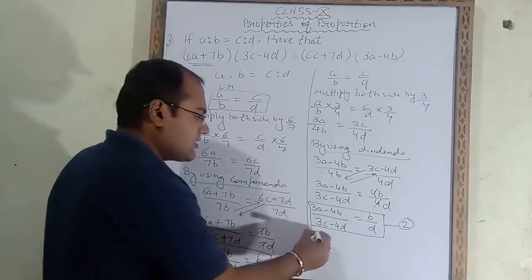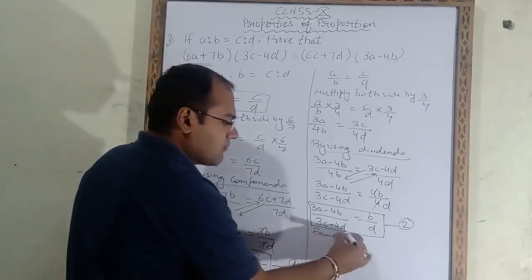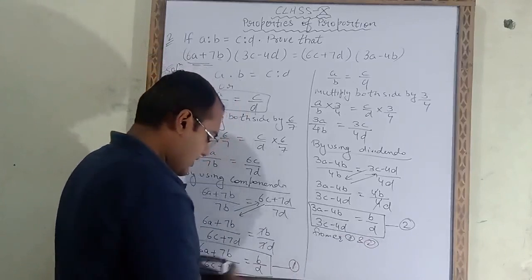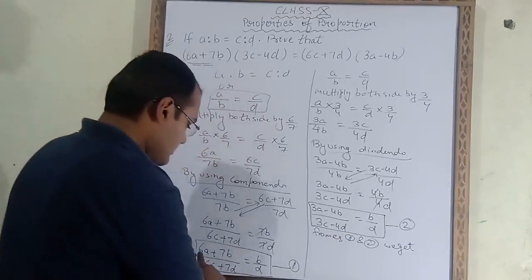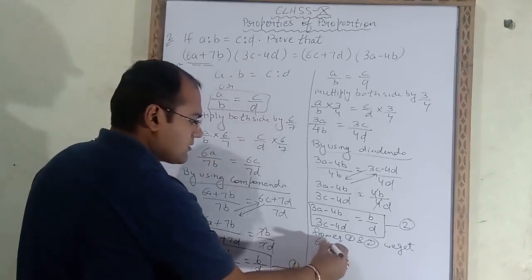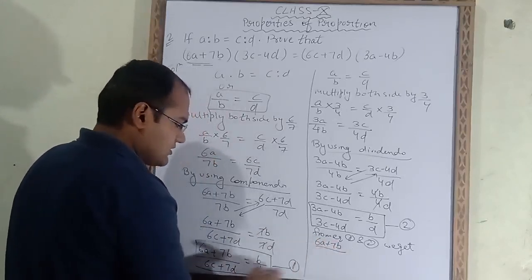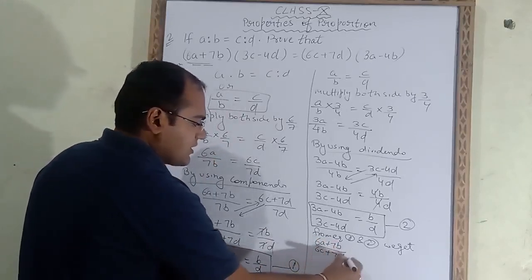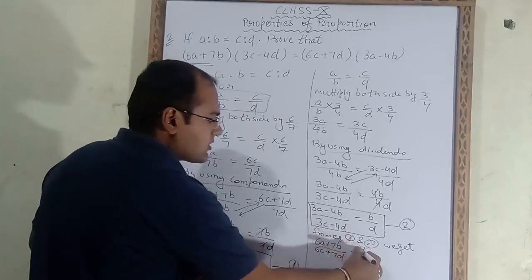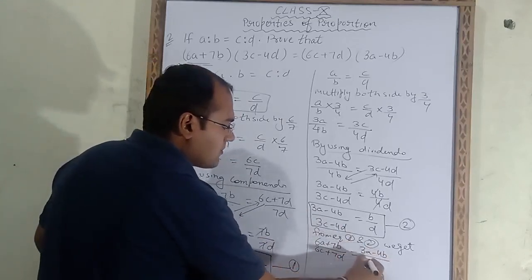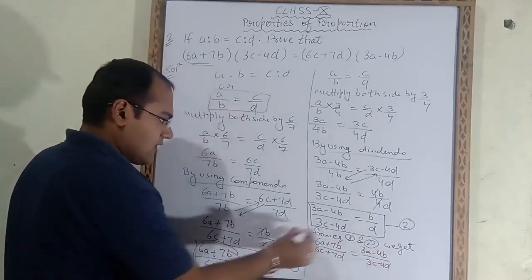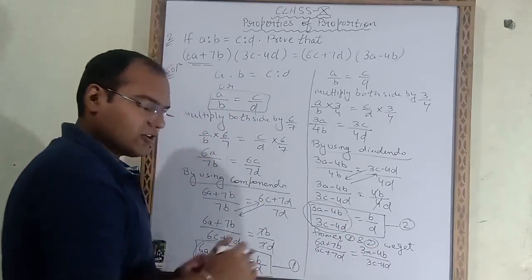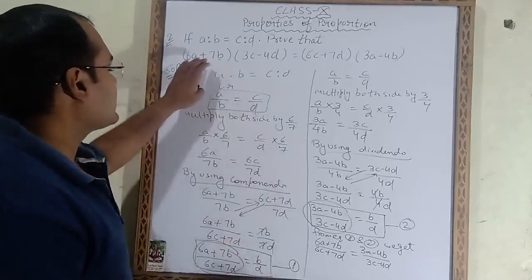So from equations 1 and 2 we get (6a plus 7b) upon (6c plus 7d) is equal to (3a minus 4b) upon (3c minus 4d). The answer of this and the answer of this are equal to each other. Now you can check it. What you have to prove?